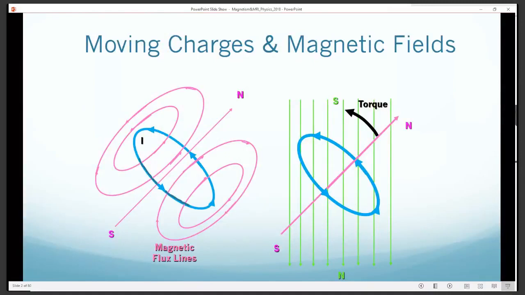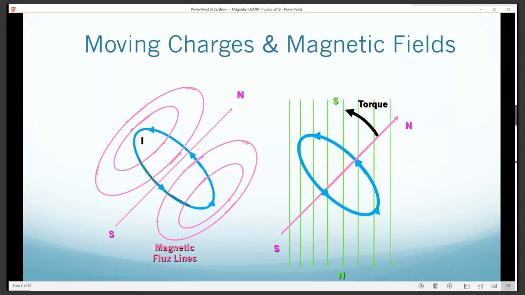So these moving charges produce a magnetic field, and the magnetic field is characterized typically by magnetic moment. You can see that's a vector here that's extending from north to south. And when you put a current loop that's producing a magnetic field in an external magnetic field, the magnetic field produced by the current loop will tend to align with the external magnetic field.